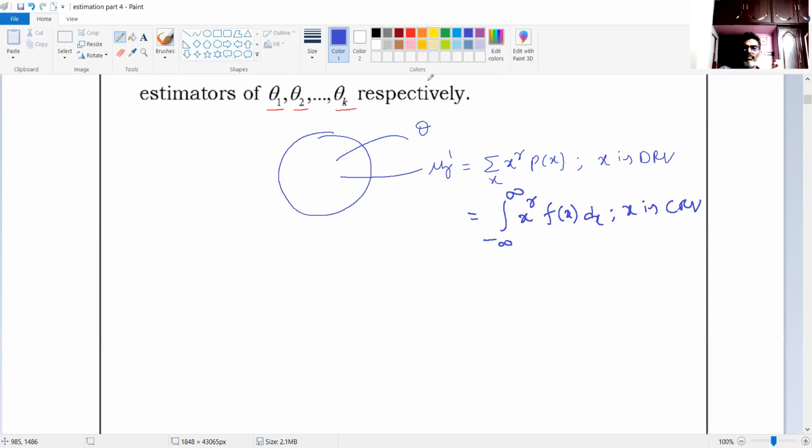Now draw a sample from this population. The sample size is n. The statistic T is a function of the sample observations. The sample moment m r dash is equal to summation x power r by n.